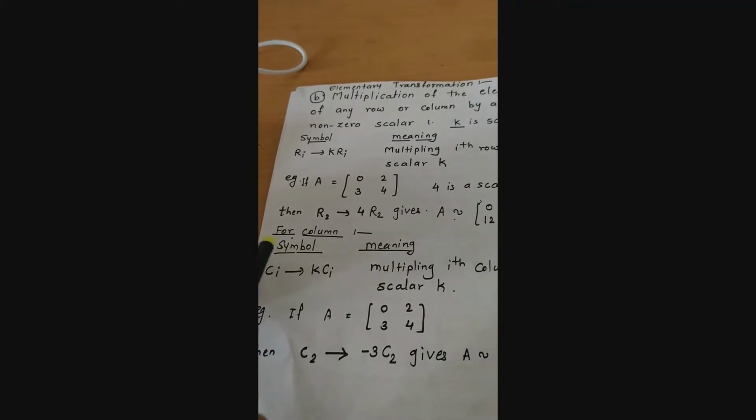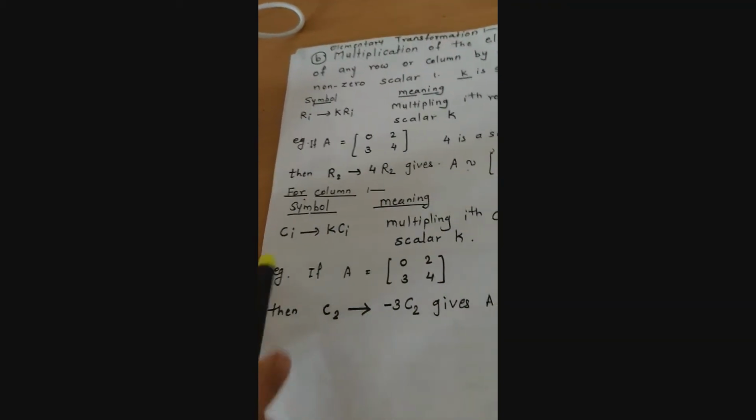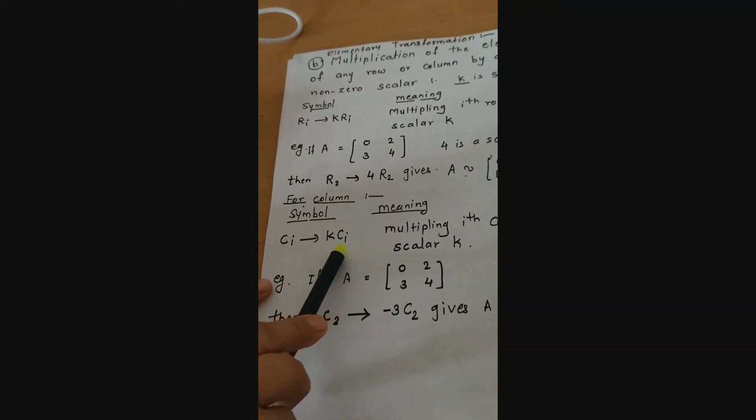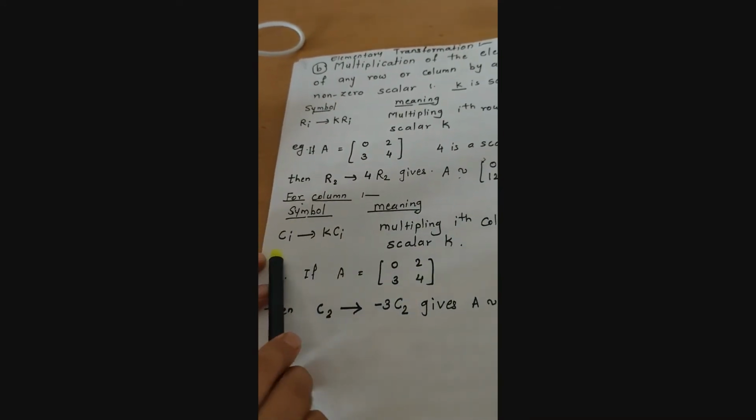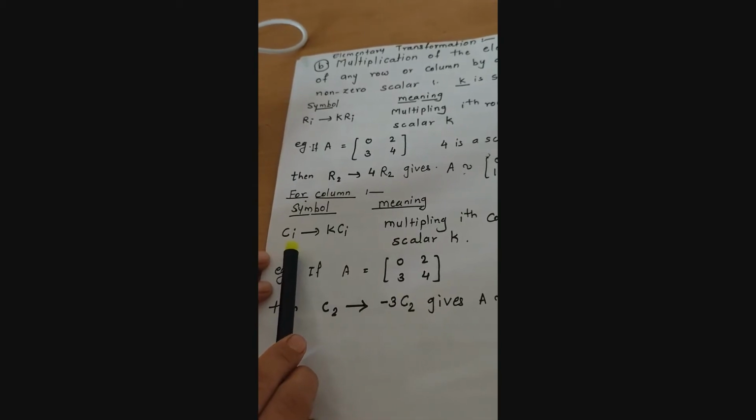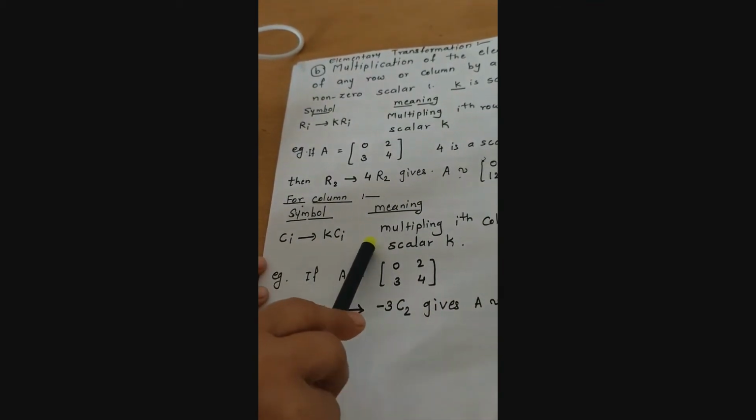Similarly, this transformation can be applied on a column. If k is a scalar and we have to change the ith column, then symbolically it is denoted by k into ith column, multiplying the ith column by scalar k.